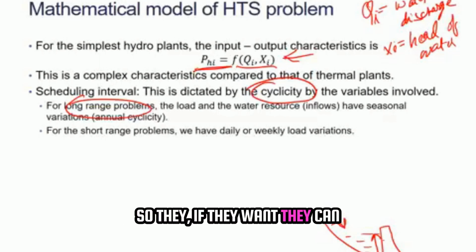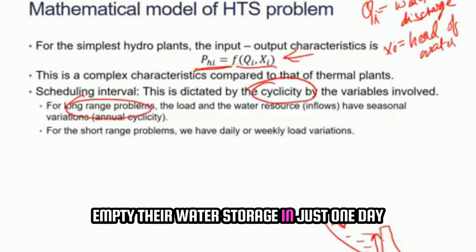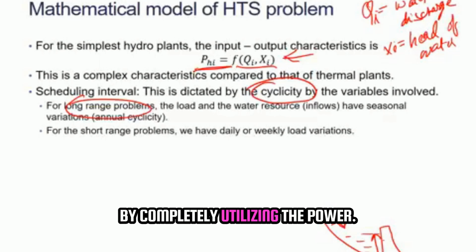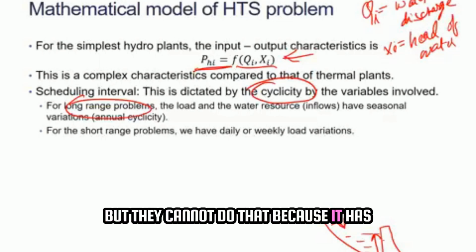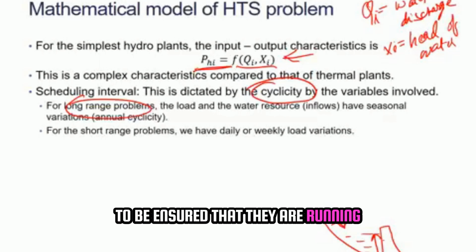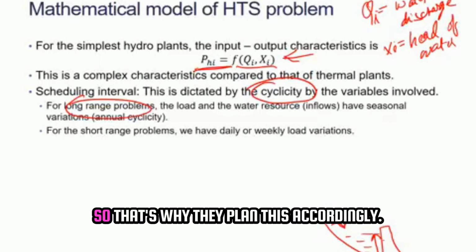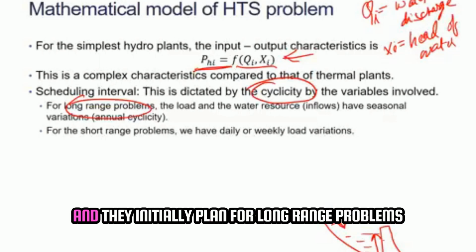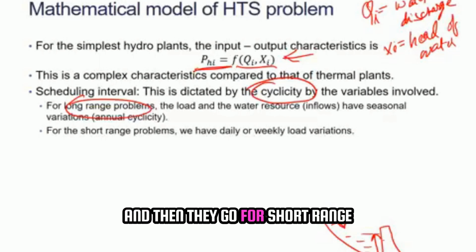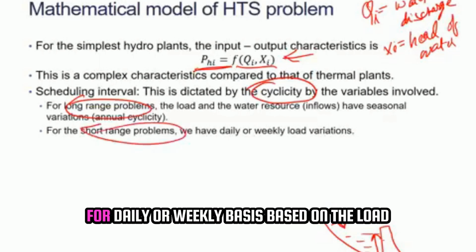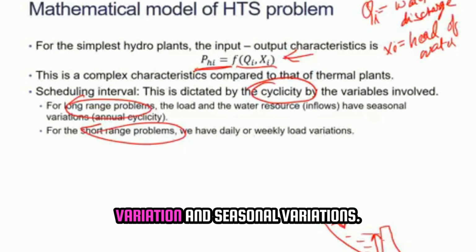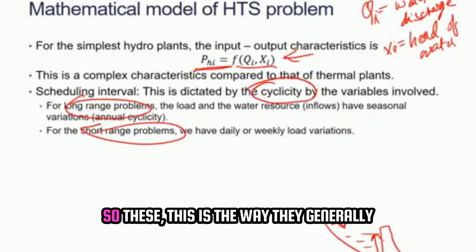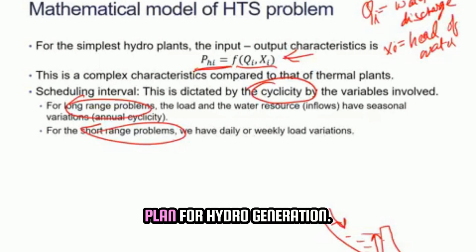If they want, they can empty their water storage in just one day by completely utilizing the power, but they cannot do that, because it has to be ensured that they are running all year long. So they initially plan for long range problems, and then go for short range problems, which run on a daily or weekly basis based on the load variation and seasonal variations. This is the way they generally plan for hydro generation.